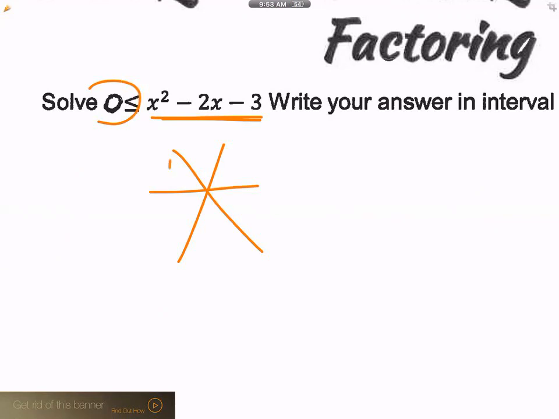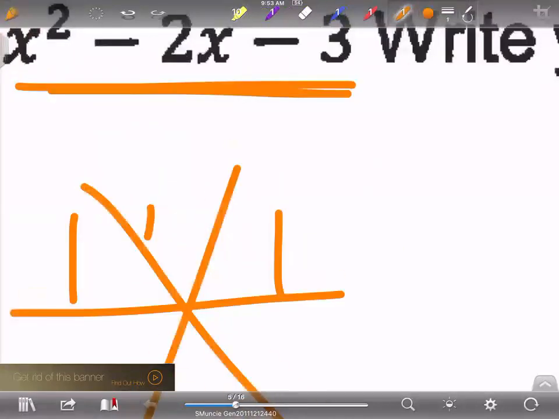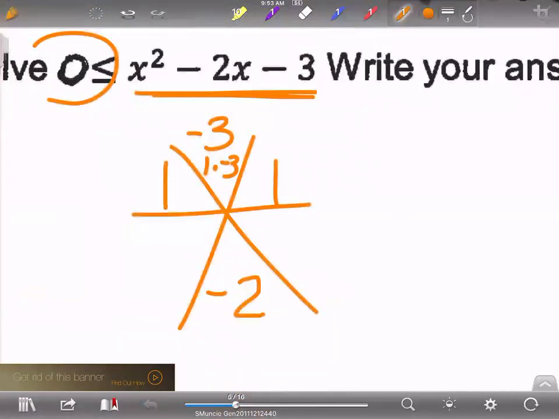If I do that, A is 1, B is -2, and C is 1 times -3, which is -3. So now I'm looking for 2 numbers that multiply to give me -3 and add to give me -2. 1 and -2.